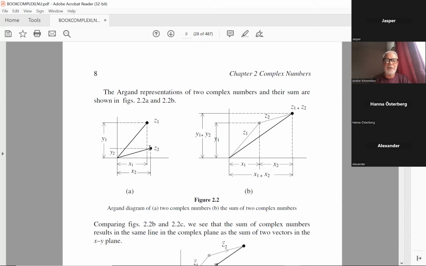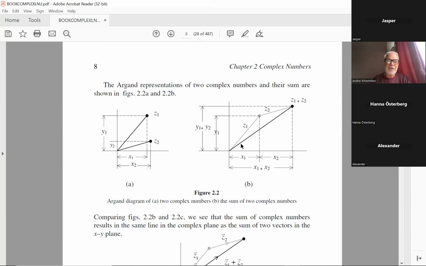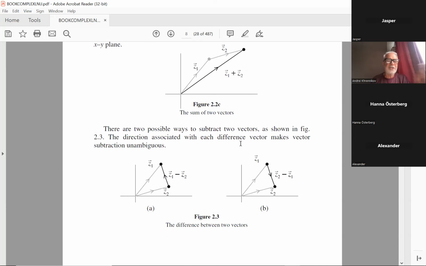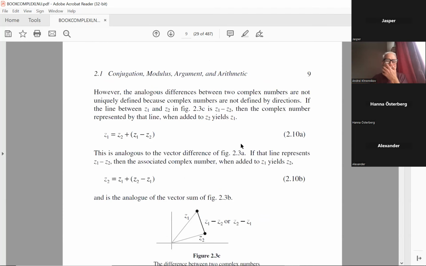For example, this is one vector, this is another vector, and the sum would be just the vector connecting these points. In the same way, we can define subtraction, but typically we never use this because we use algebra. Geometry is maybe good for intuition, it's just a good illustration, but we never use this.